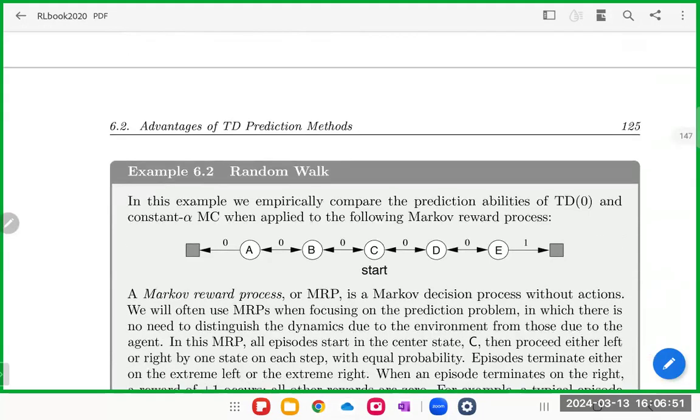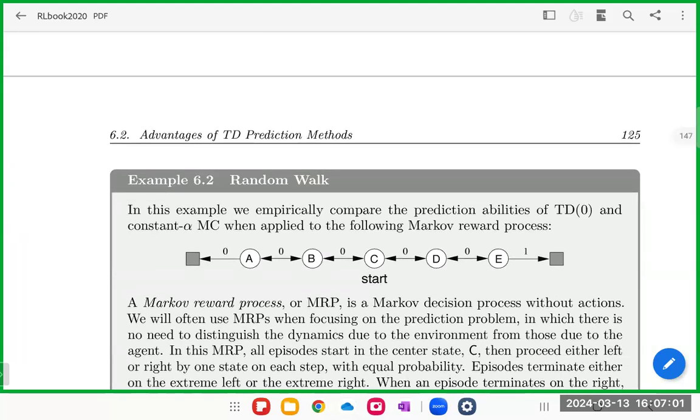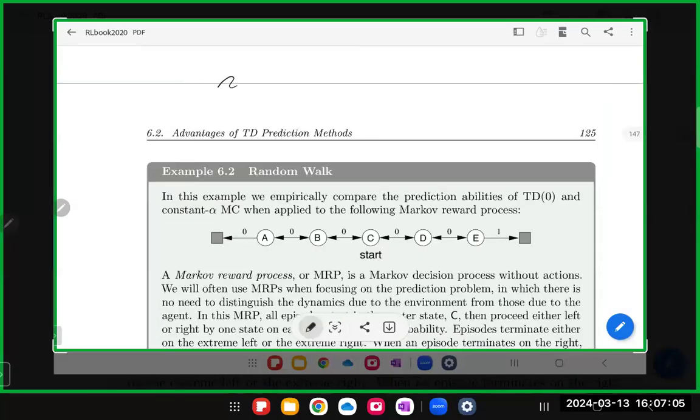As I said, once you fix the policy, the MDP boils down to something like a Markov chain. Do you realize that? So let's say you have this.